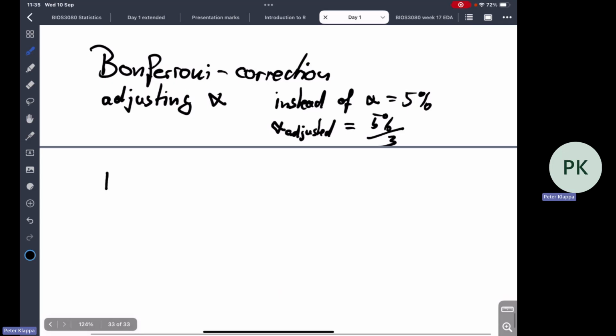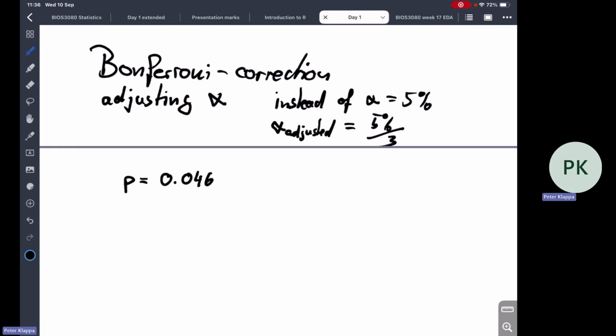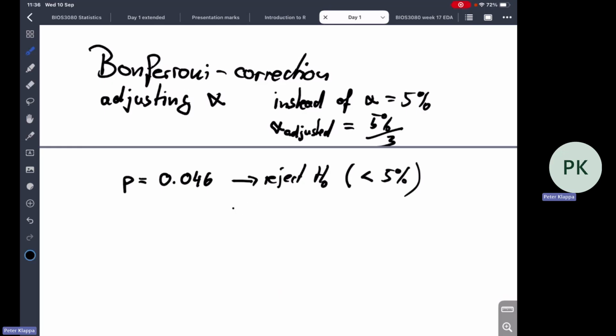So if we had an original p-value equal to 0.046, we would have rejected the null hypothesis because it's smaller than 5%. But now, when we have a bunch of p-values, we compare 0.05 to alpha adjusted, which is 0.0167 or something like that.